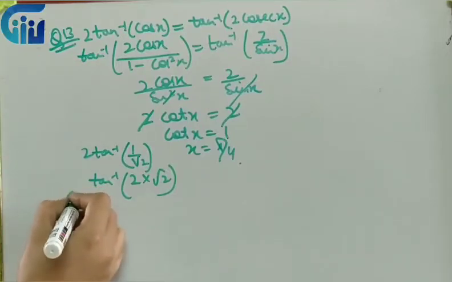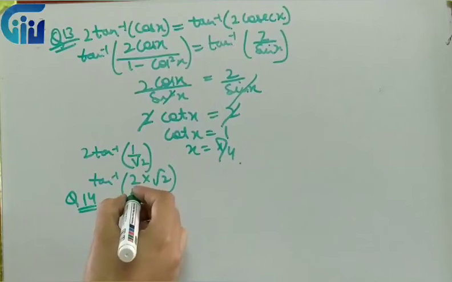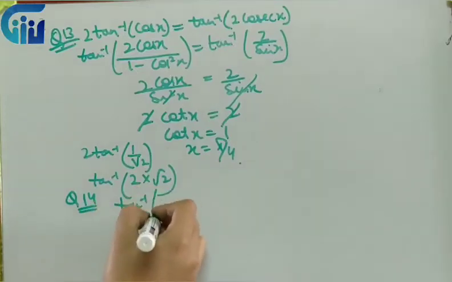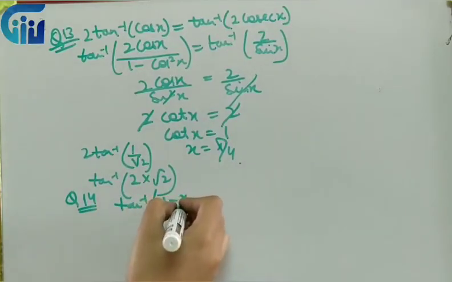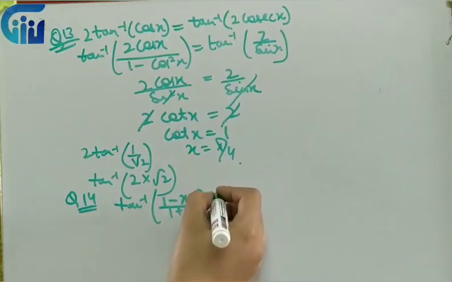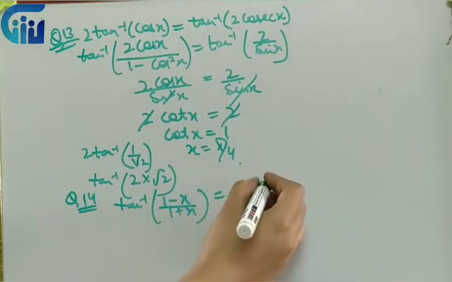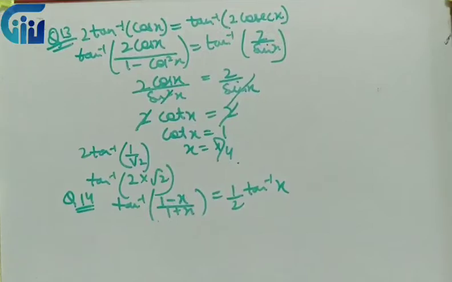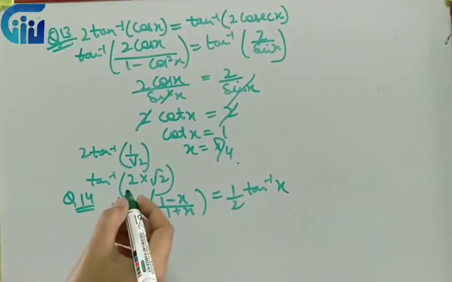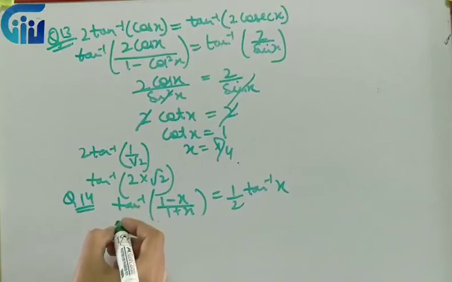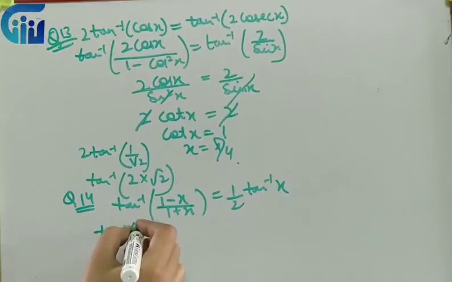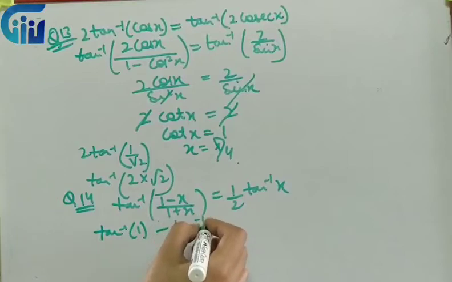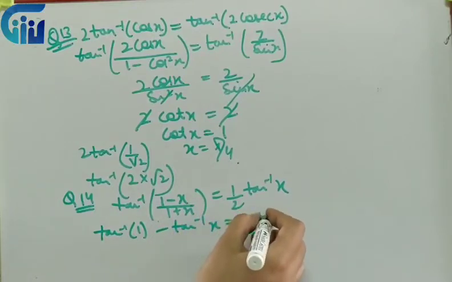So next we have a question, that is question number 14, which is tan inverse of 1 minus x upon 1 plus x is equal to 1 by 2 of tan inverse x. Again, what we have to do, we have question number 14. If I see the left hand side, I can write it as tan inverse 1 minus tan inverse x is equal to half of tan inverse x.